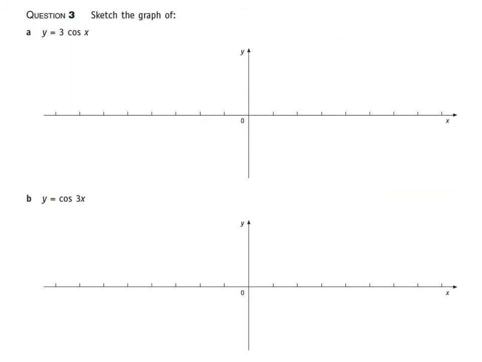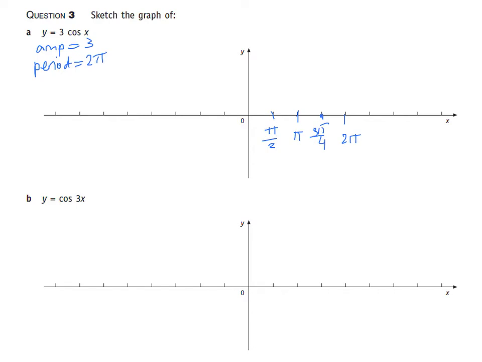So just like the other graphs, we are going to write down our amplitude and period before we start sketching. So amplitude is 3, our period is 2 pi. So let's make this value here 2 pi. That would be pi. It's going to be half of pi, which is pi on 2. 1 pi on 2, 2 pi on 2, 3 pi on 2, 4 pi on 2, which simplifies to 2 pi.